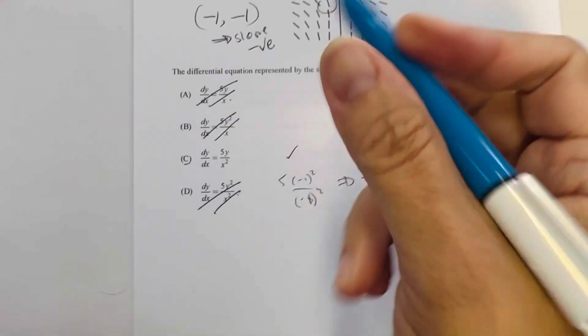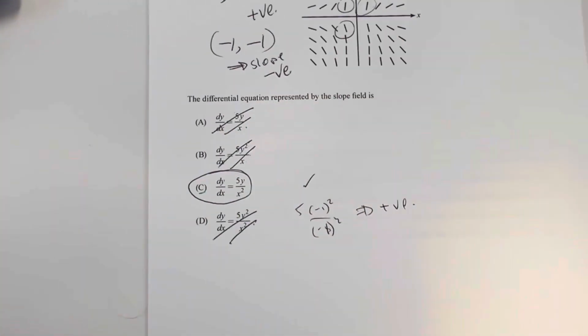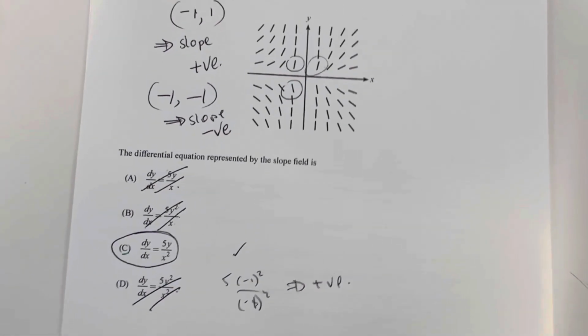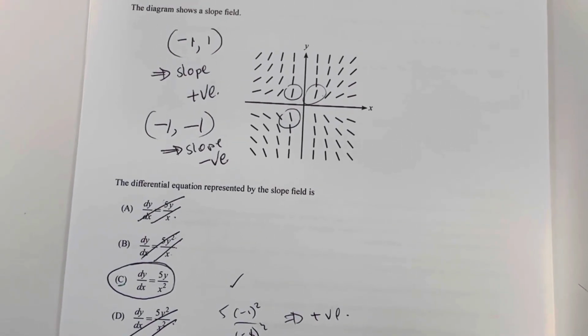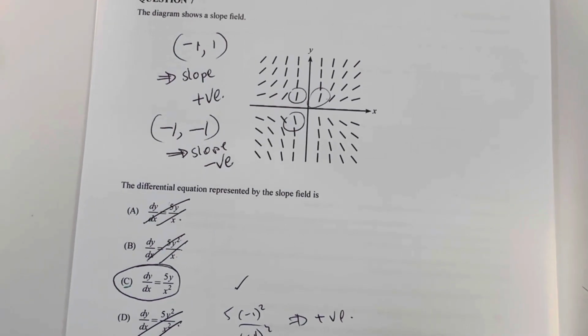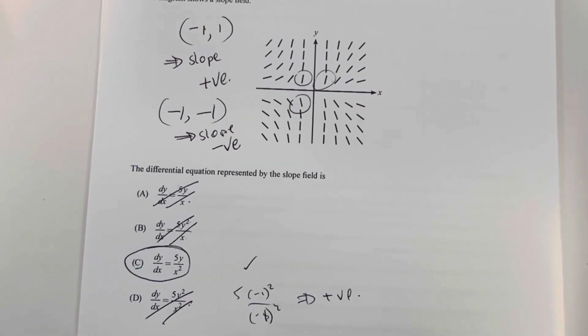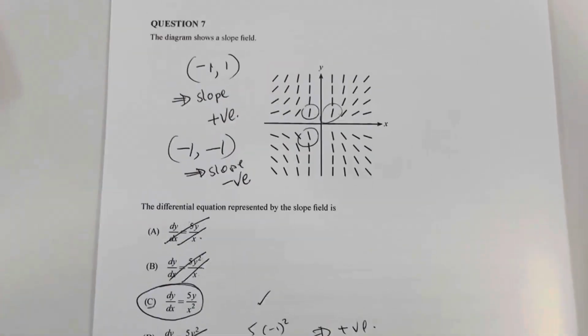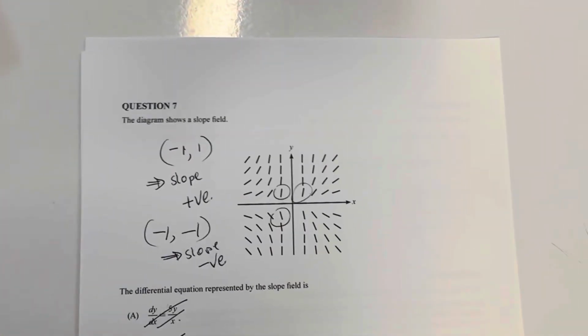So that's why it won't be that one, and that's why C is my answer. So a question like that, using your reasoning of which is going to give us the correct answer. They're a little bit tricky, the slope fields.